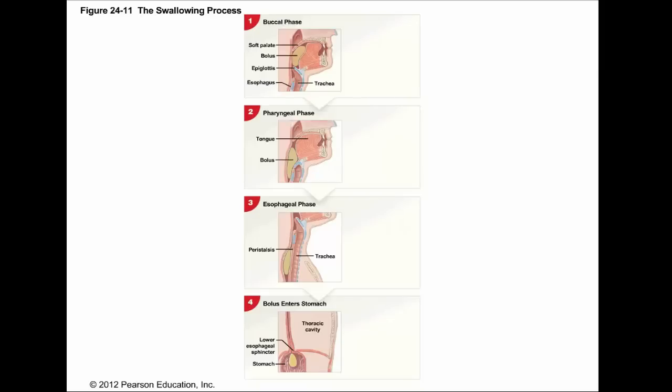You can see in Phase 2, quite clearly, the movement from the top picture where the epiglottis is raised up to the epiglottis closing over the trachea. And then via peristalsis, it moves down through the esophagus down to the lower esophageal sphincter and into the stomach.